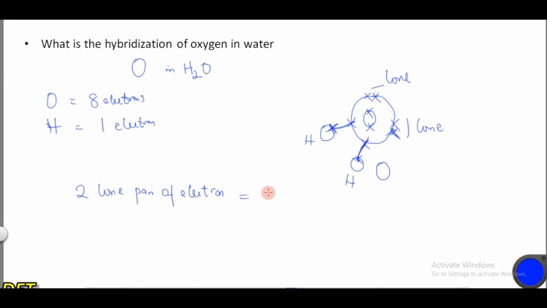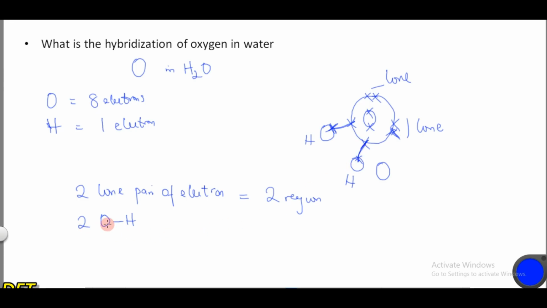And that is equivalent to 2 regions of electron density. Then we have 2 oxygen to hydrogen single bonds. This is a single bond to one hydrogen, this is another single bond to another hydrogen.